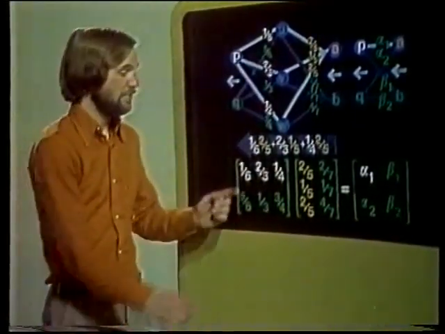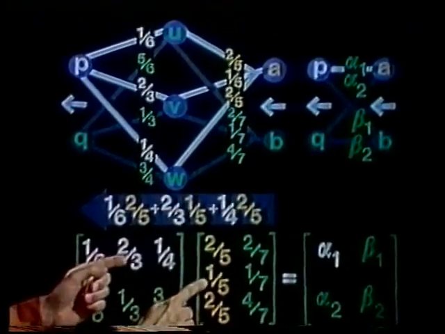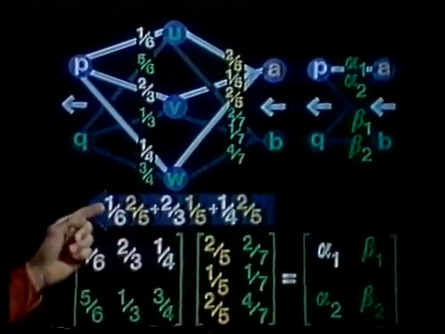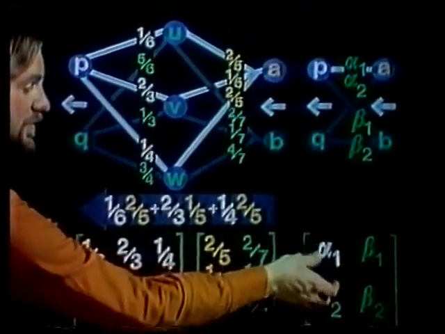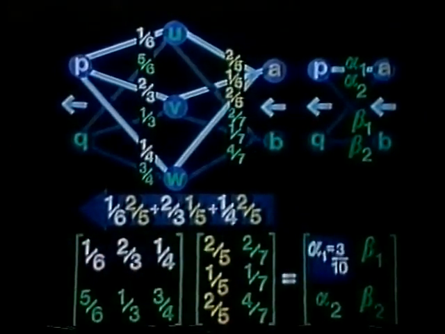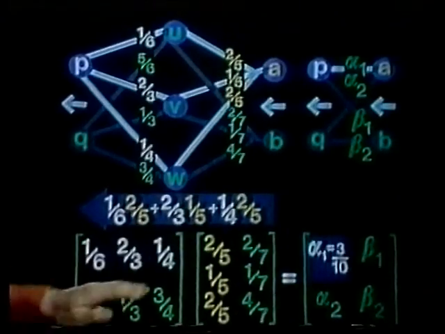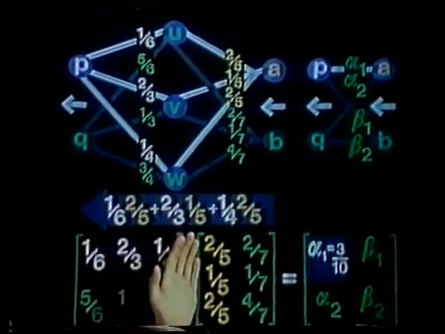That's just using the definition of what we mean by row acting on column. Remember, you multiply corresponding entries and then add the result. And in this case, the calculation gives a value of alpha 1 equal to 3/10. That 3/10 is calculated by acting this row on this column.